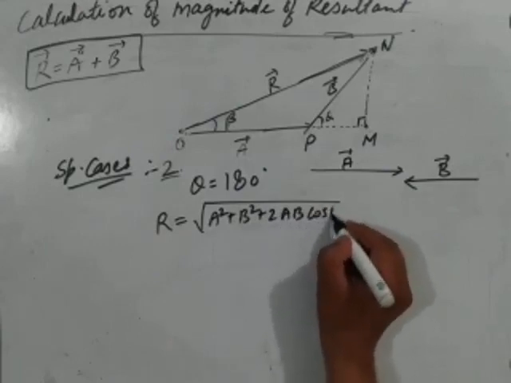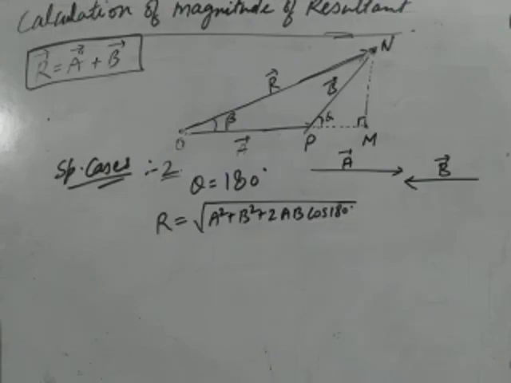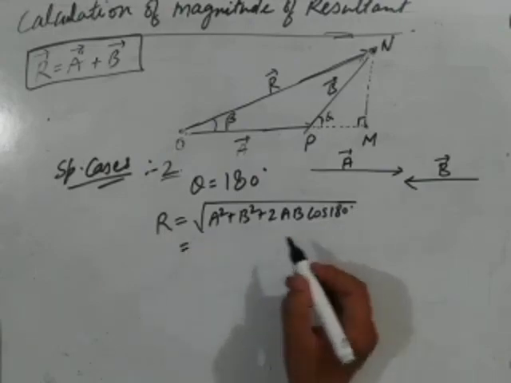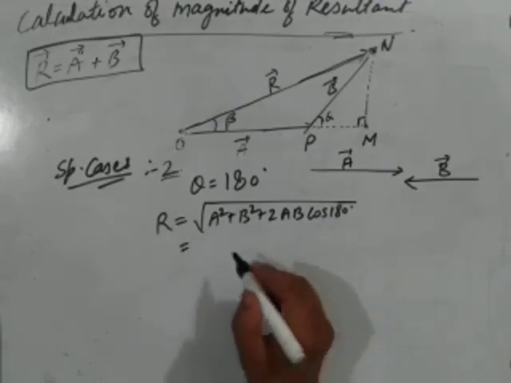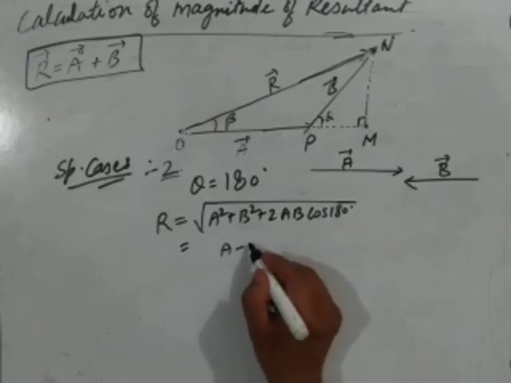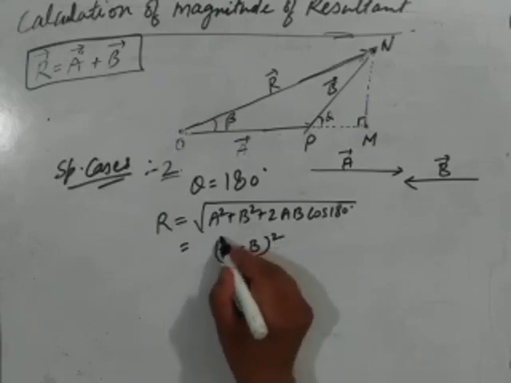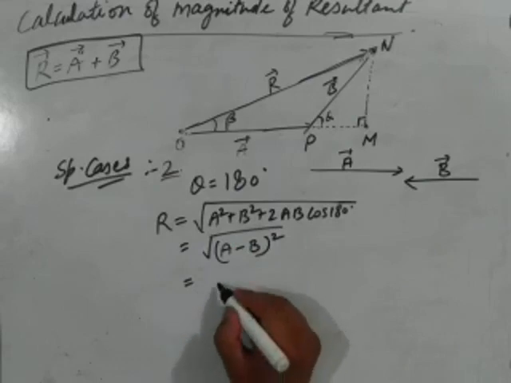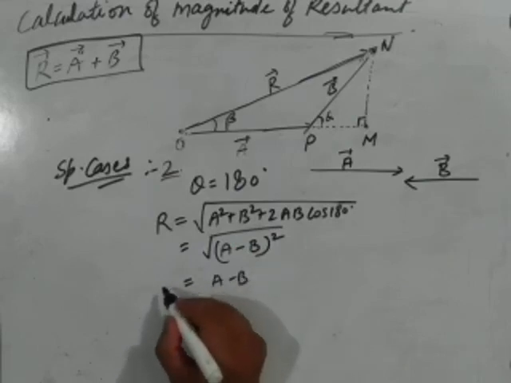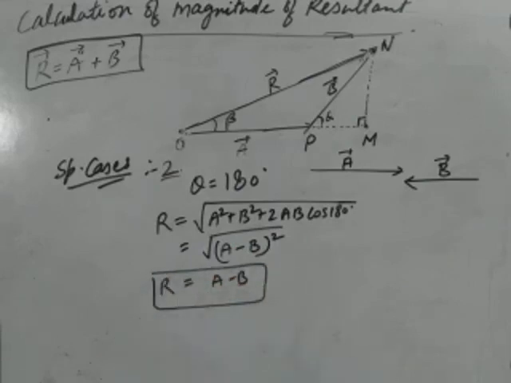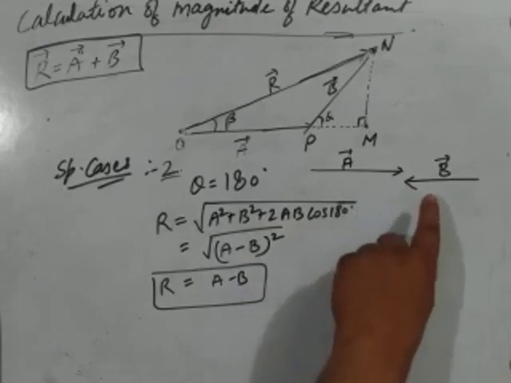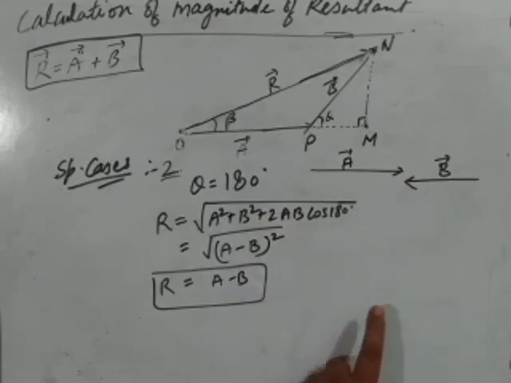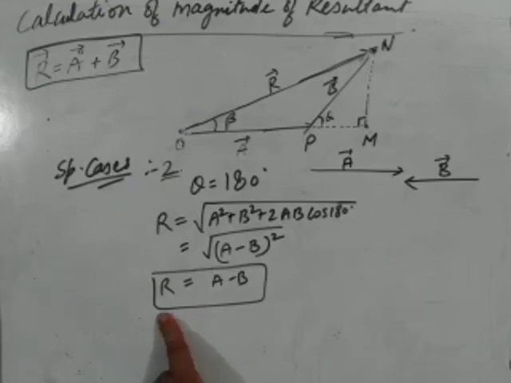Cos of 180 degree becomes minus 1. So this becomes A minus B whole square, or A minus B. So we have achieved the same result as earlier, when the two vectors are acting parallel to each other but in opposite direction, their resultant is represented by R equal to A minus B.